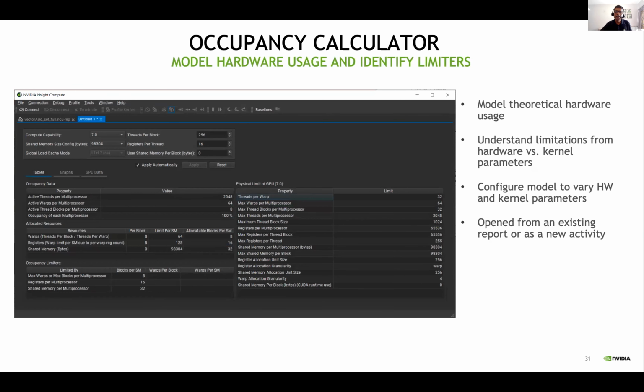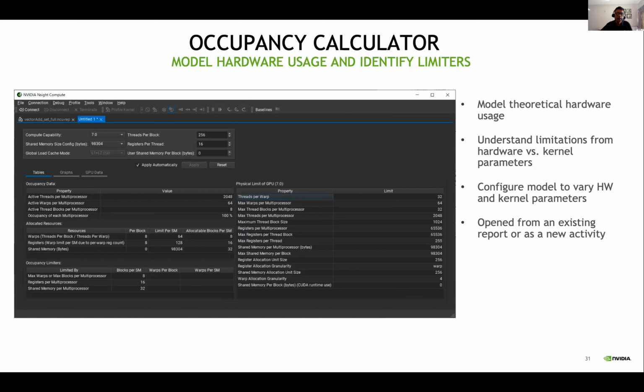Similarly, the occupancy calculator, which helps you analyze the occupancy and what are the constraints due to which the occupancy is limited, was distributed, or is currently still distributed, as an Excel spreadsheet. But to make it more convenient to use, it's now integrated into Nsight Compute.